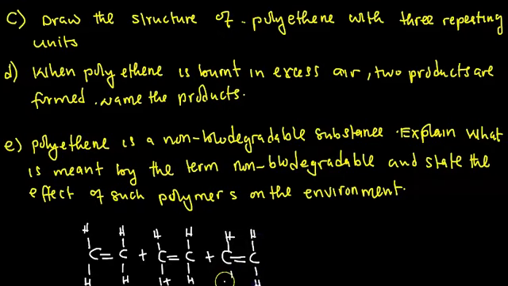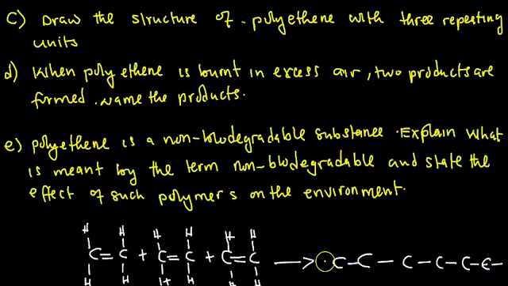3 of these. Then what is going to be the product? There are how many carbons? 1, 2, 3, 4, 5, 6. So 6 carbons are going to be attached. How many are these? 4. So I'll put another one here.